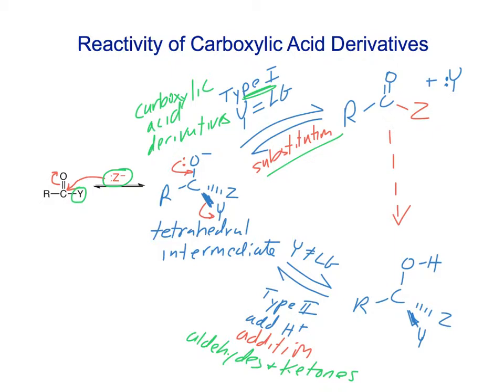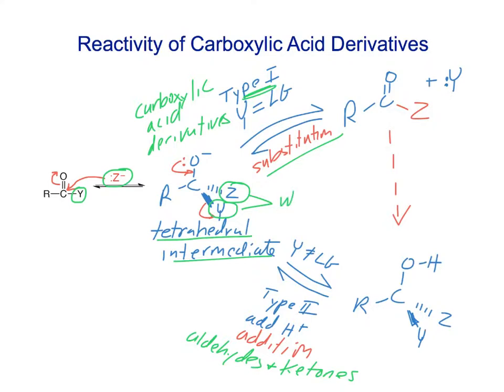So in general, at the beginning, we're going to have attack of the nucleophile to form a tetrahedral intermediate. And whether this reaction goes forward or whether it goes backwards depends upon which of these two groups, the Y or the Z, is a better leaving group.